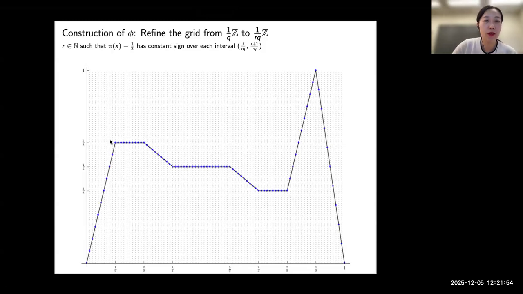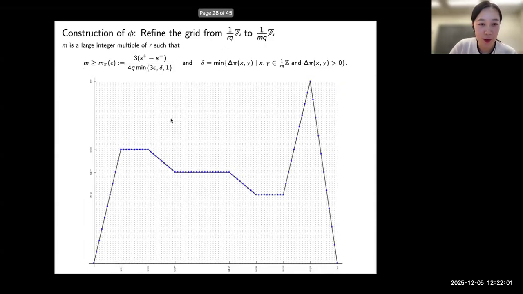Then we will take another refinement so that when we lift it, filling in with two slopes, the modification is so small. This is through a careful selection of a large integer multiplier of R, where R is a multiplier of Q. Then we choose another larger multiplier of R to make the grid finer.